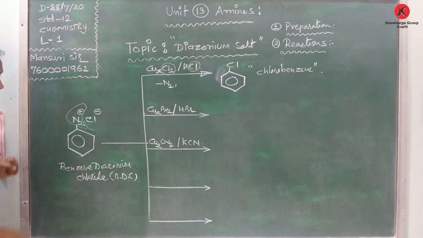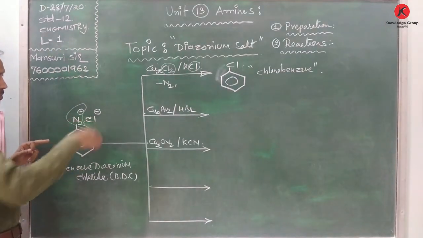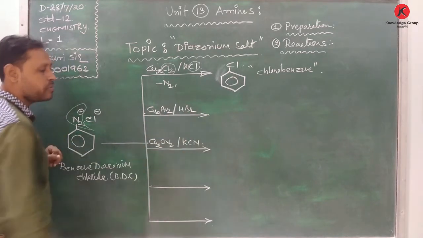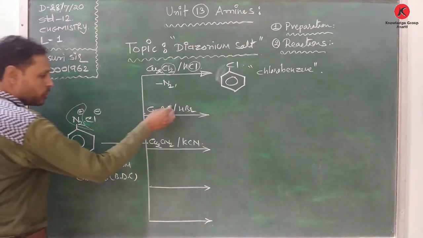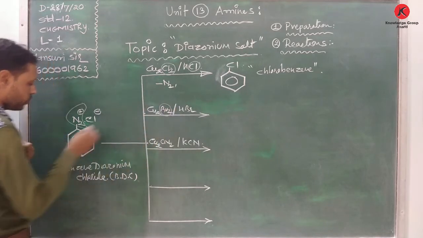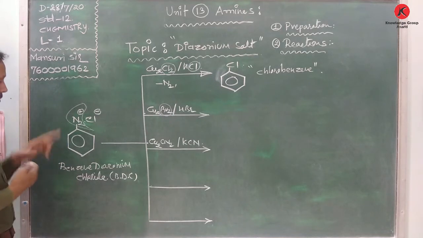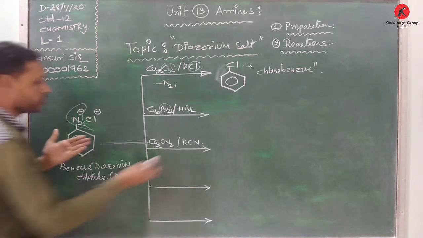Similarly, when benzene diazonium chloride reacts with the mixture of cuprous bromide and HBr, then bromo will be attacked toward this ring and N2 will be removed.